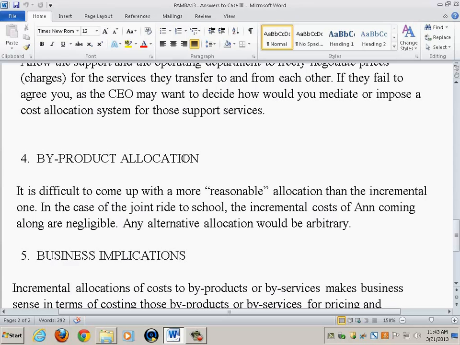And if you think about it, the driver is not really lying or trying to just be extra nice. What are the incremental costs of Anne joining the ride? Very difficult to think about any incremental costs, right? Can you think of any?